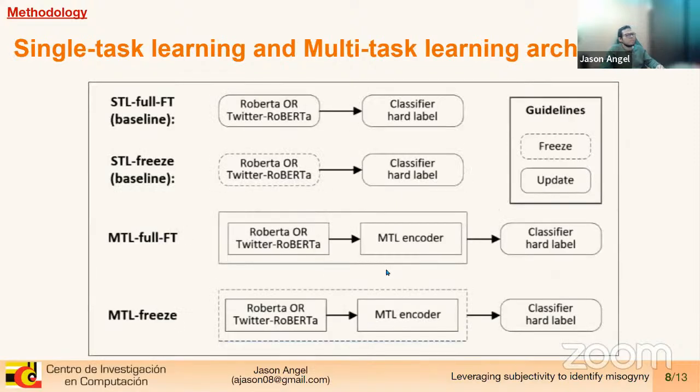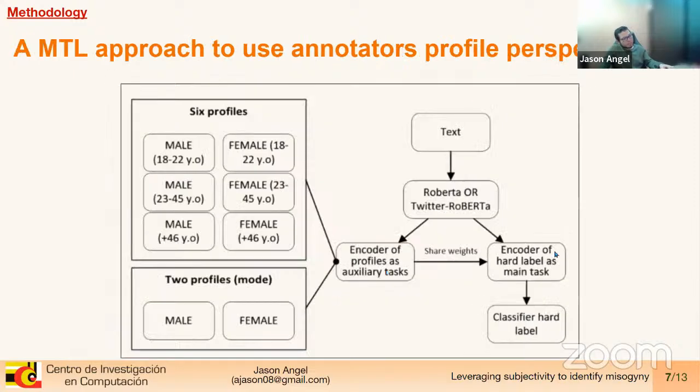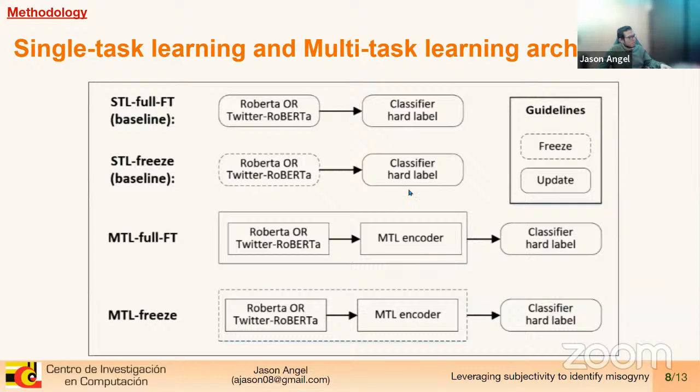We did a similar experiment, but here all this architecture, our multitask learning framework, was embedded as a piece in a bigger system. In this case, we tried the variation of what if we freeze or update the parameters for those multitask learning encoders.